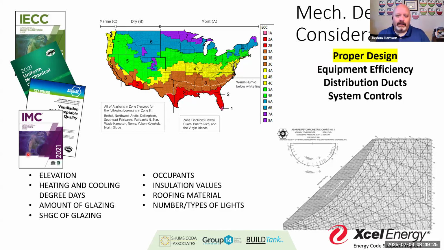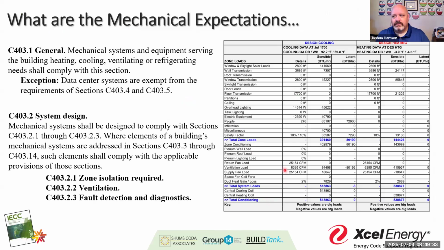So we're going to be evaluating to make sure that we know they designed the system to work. And again, when we look at those calculations, we're going to make sure that the appropriate materials are in place to support that design calculation.